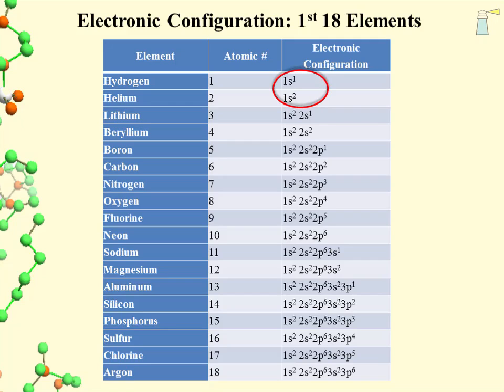Looking at the last orbital in the configuration, 1s orbital gets filled, then 2s orbital, followed by the 6 elements that fill out the 2p, back to 2 elements for the 3s, and finally the 6 elements fill out the 3p. The electronic configurations for noble gases are used as a shorthand abbreviation: helium, neon, and argon.